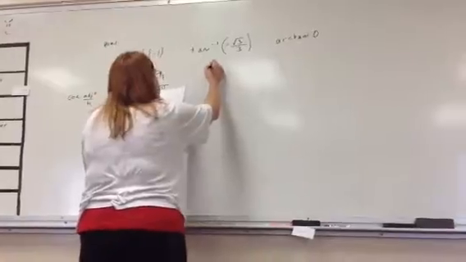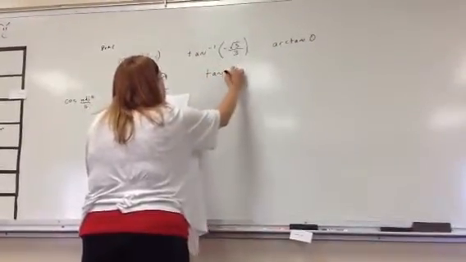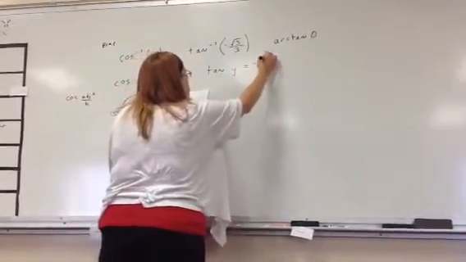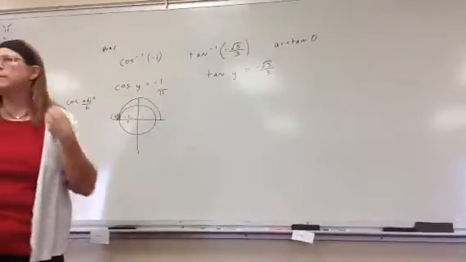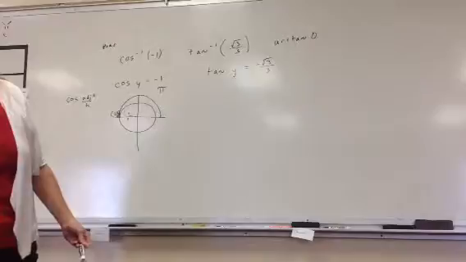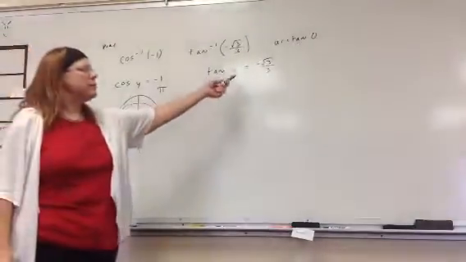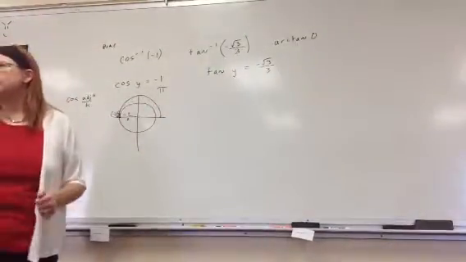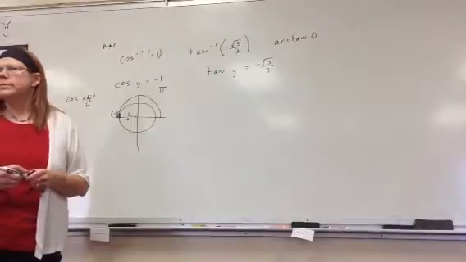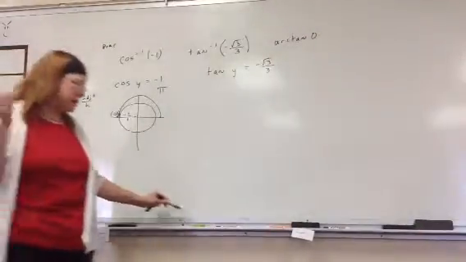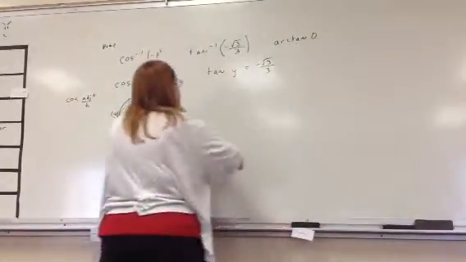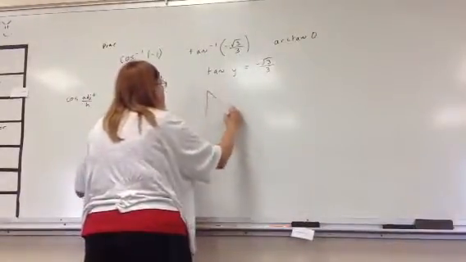This one wants tan of y to equal the negative square root of 3 over 3. Do we have a triangle that gives us the square root of 3 over 3 normally? The 30, 60, 90 has the square root of 3 in it, and that's the one we're gonna need.